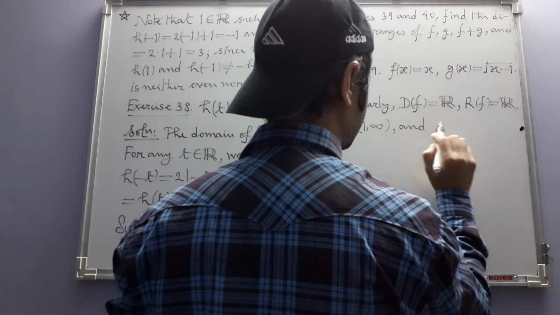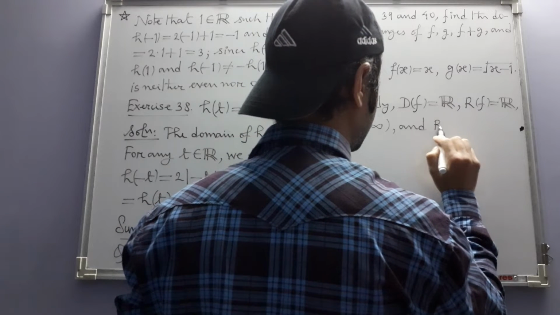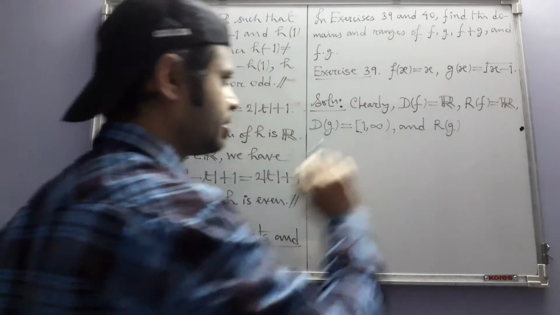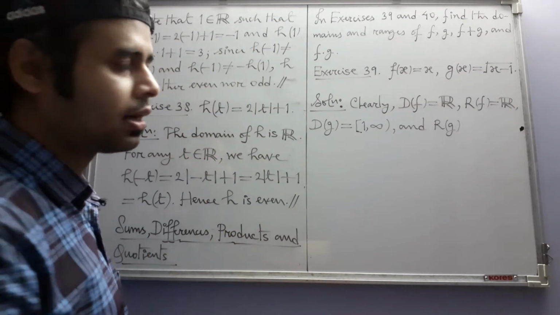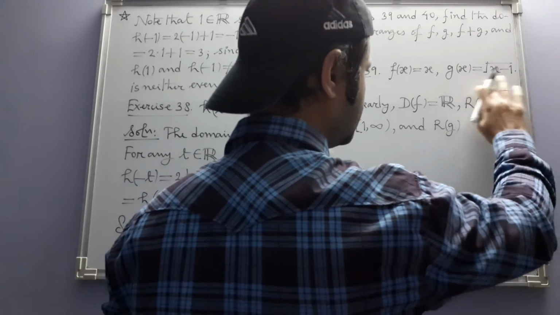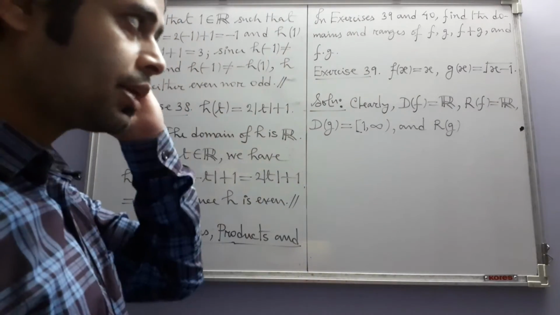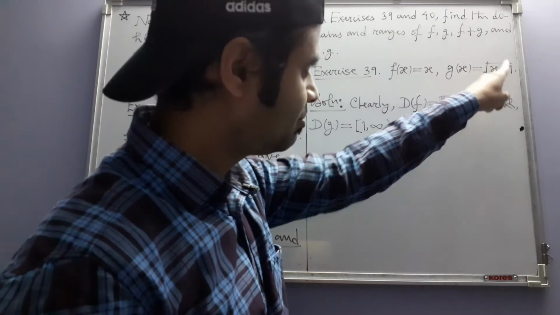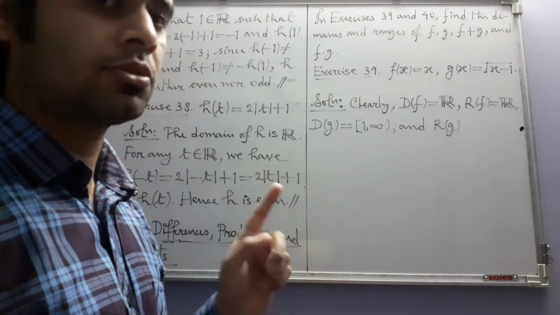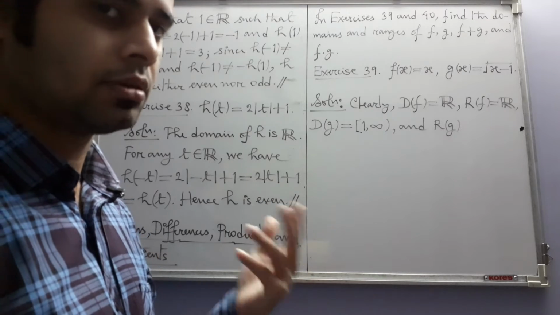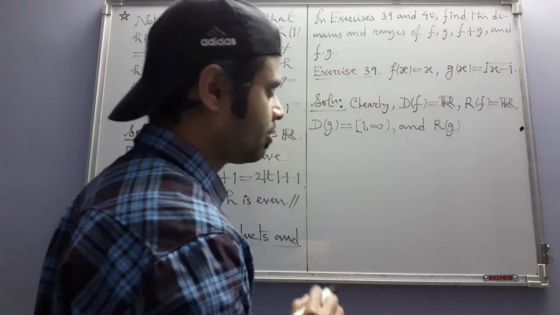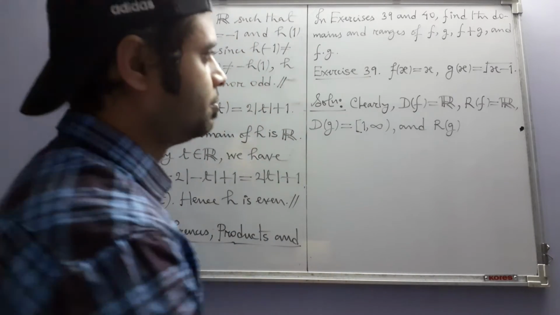and range of g. Now what type of outputs are these? Whatever they are, they are non-negative. You cannot have a negative output here, because this by definition is the positive square root of something, namely x minus 1. I should not say positive but non-negative, because you do get 0.